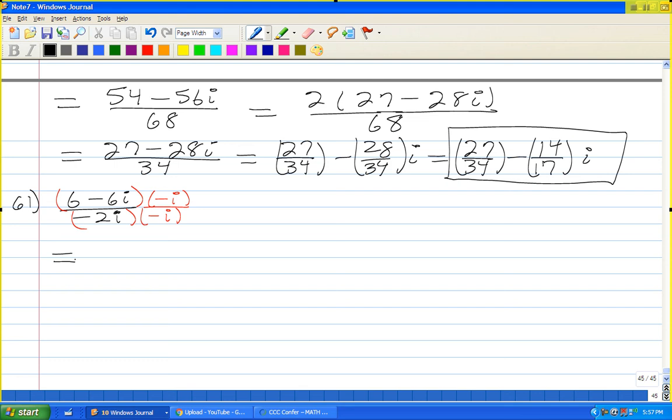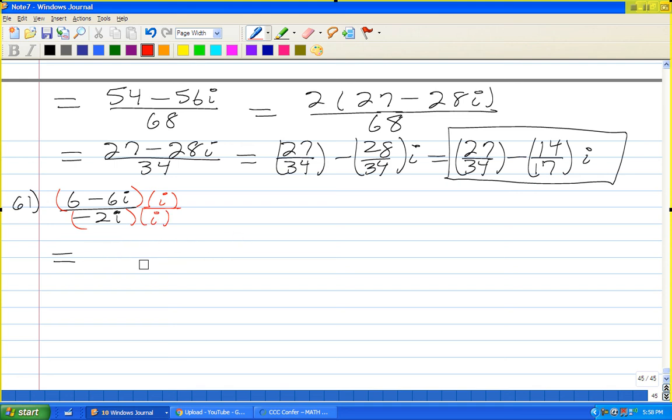So this is equal to a minus 6i. Minus and minus gives a plus 6i squared over, well, actually, let me multiply by just positive i, because that'll be a nicer way, give me a nicer answer.